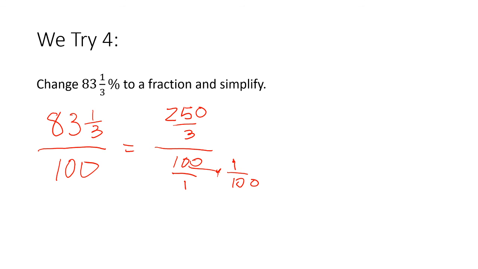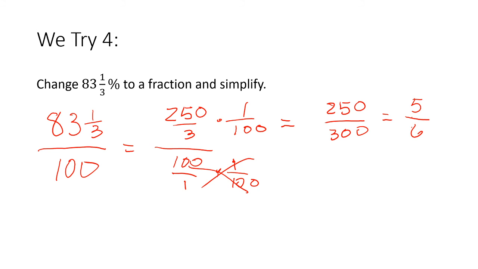Flip and multiply. 250 over 300. And I'll divide top and bottom by 50, and I'll get 5/6.